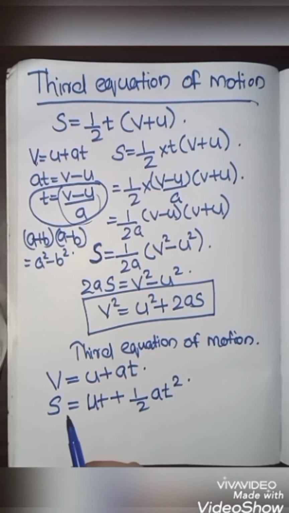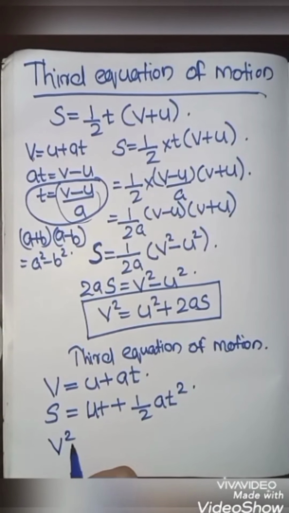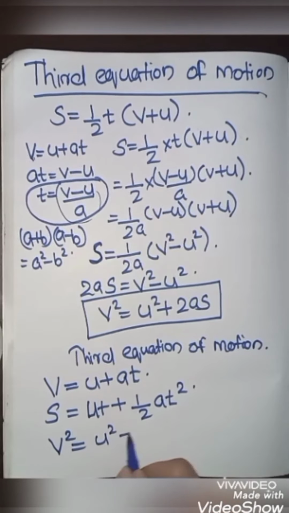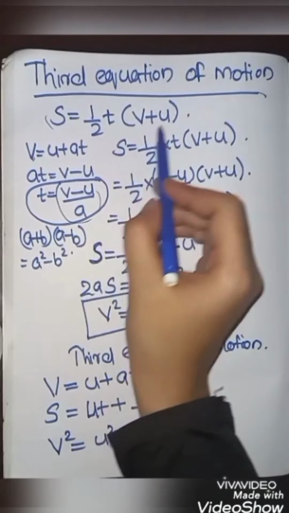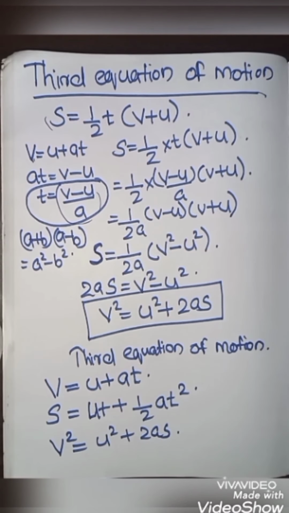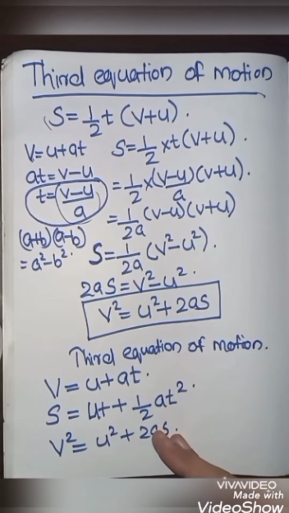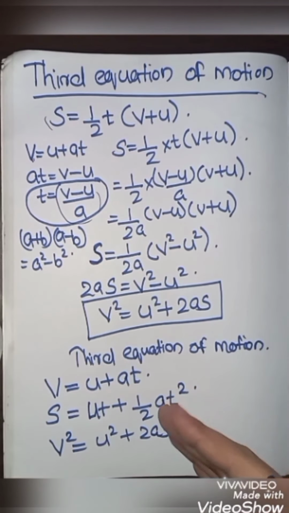Here we calculated the distance from the velocity time graph. The third equation of motion is V square is equal to U square plus 2AS. The derivations of these three equations are very important.